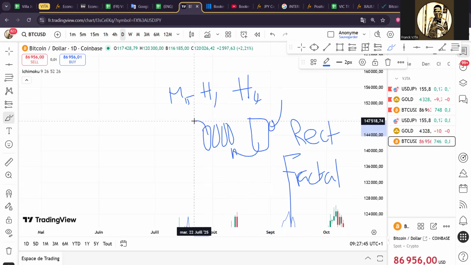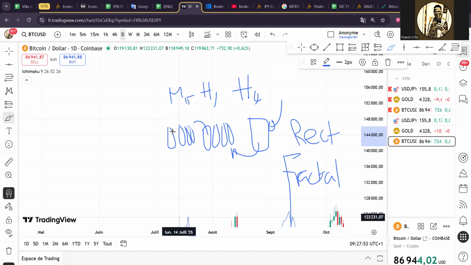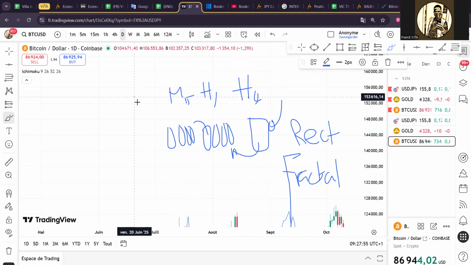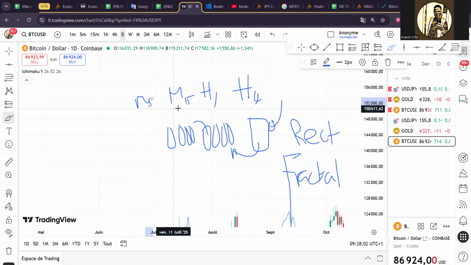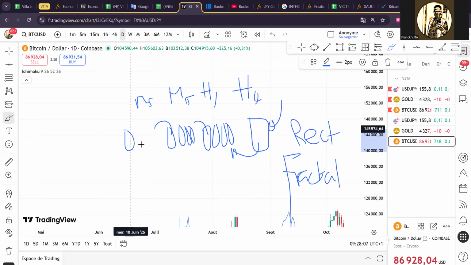In 15 minutes, one candle of 1 hour is 4 candles in 15 minutes, like 4 rectangles. If you go on 5 minutes, one 15-minute candle in 5 minutes is 3 5-minute candles.